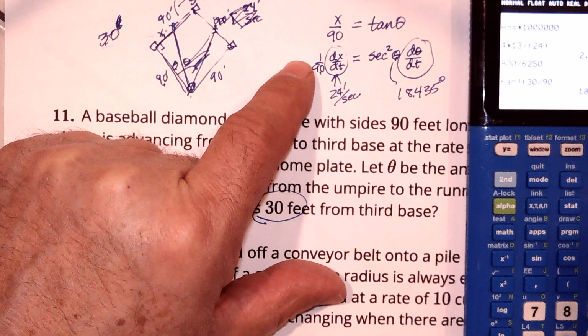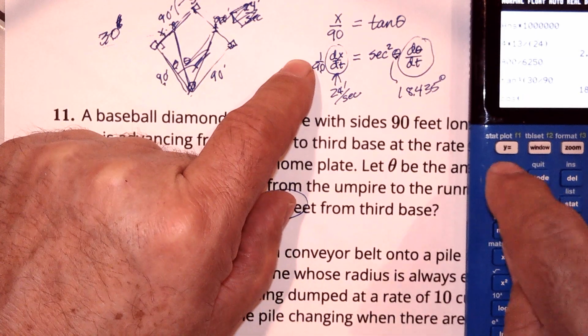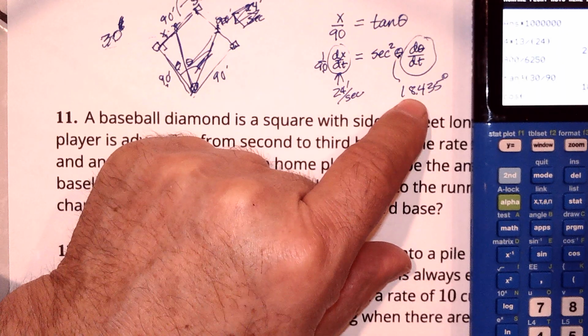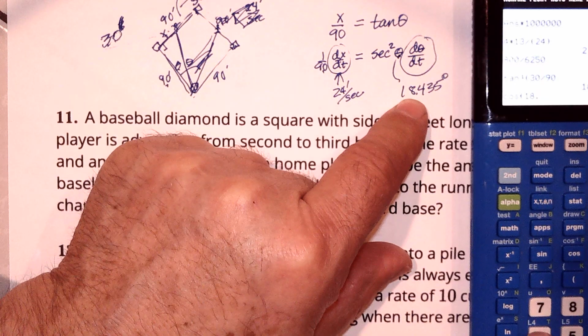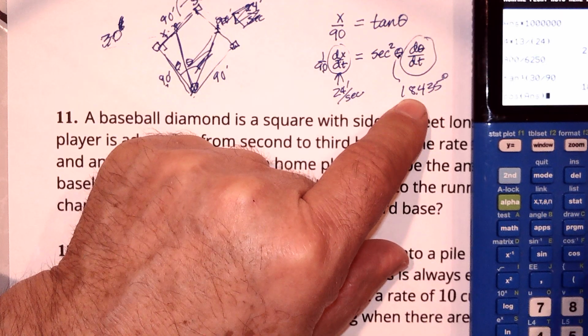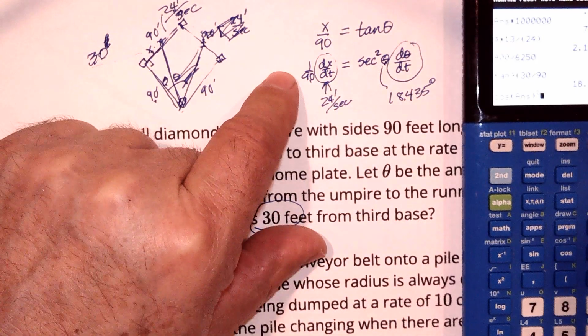So I've got to do cosine of 18.435, squared. The quotient would be in the denominator, which goes in the numerator.